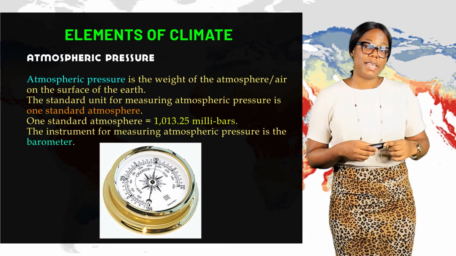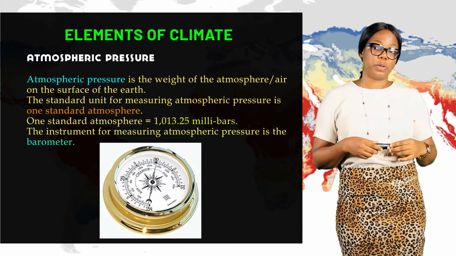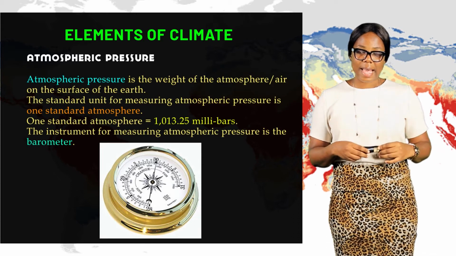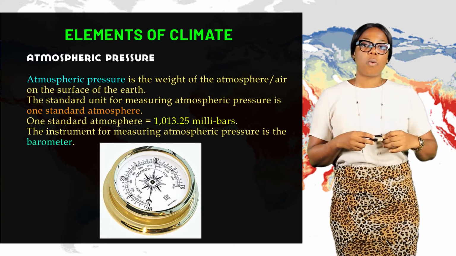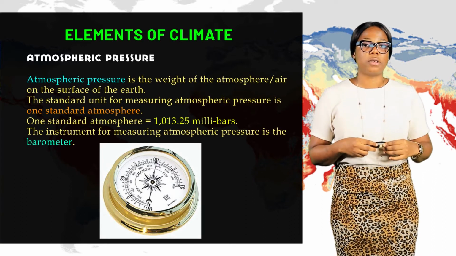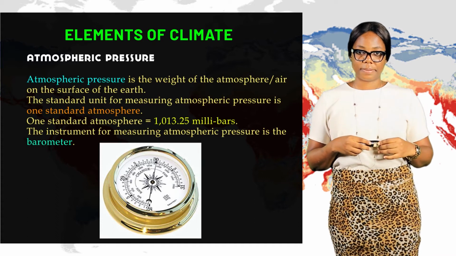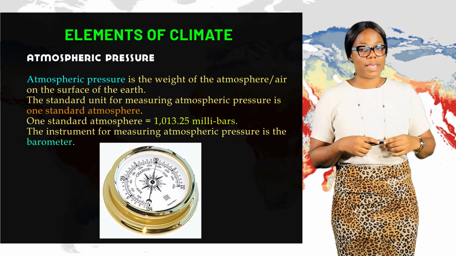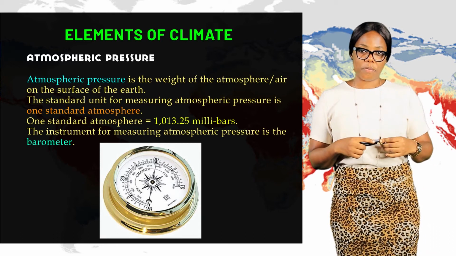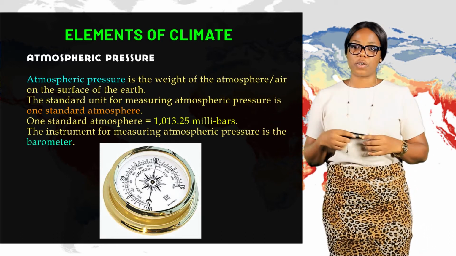The standard unit for measuring atmospheric pressure is 1 standard atmosphere, and the value is given as 1013.25 millibars. The instrument for measuring atmospheric pressure is called the barometer. It is shown on the screen.